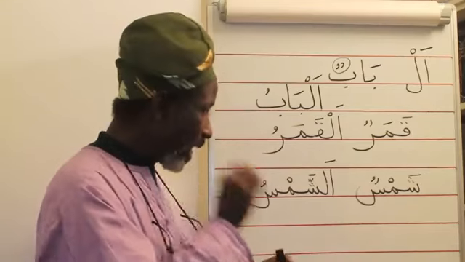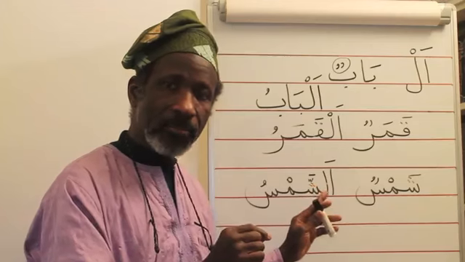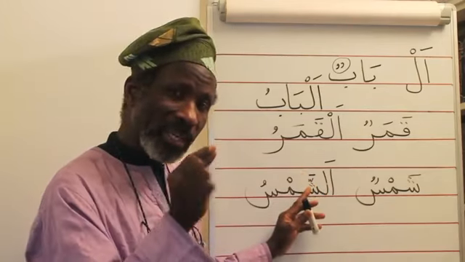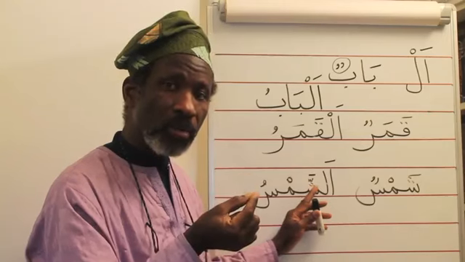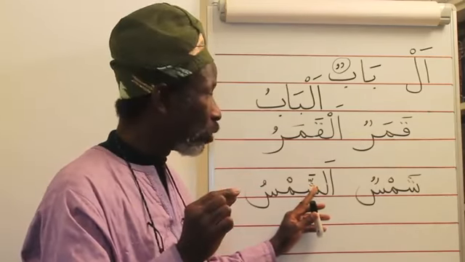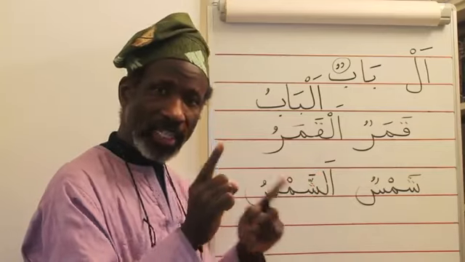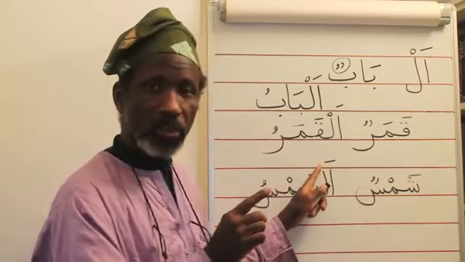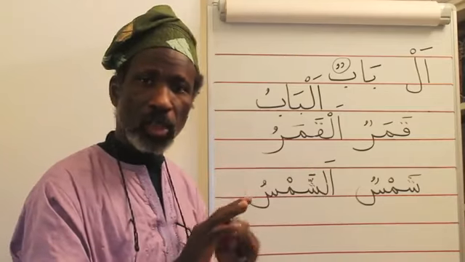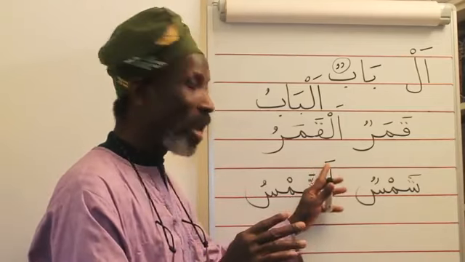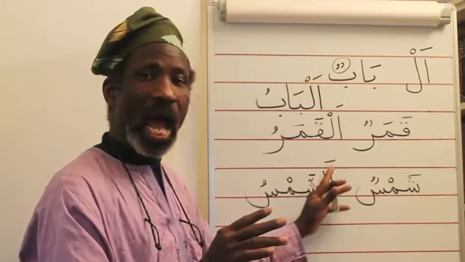Once shadda has been placed on that sun letter, you remember the shadda means there is an embedded sukoon. And in Arabic, you are not allowed to have two sukoons next to each other. Therefore, the first sukoon, the obvious one, was removed. It's not pronounced. We say ash.